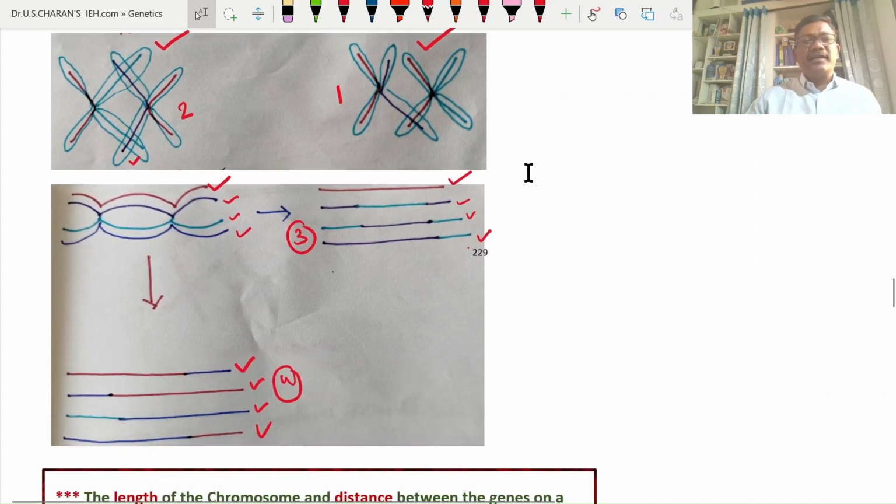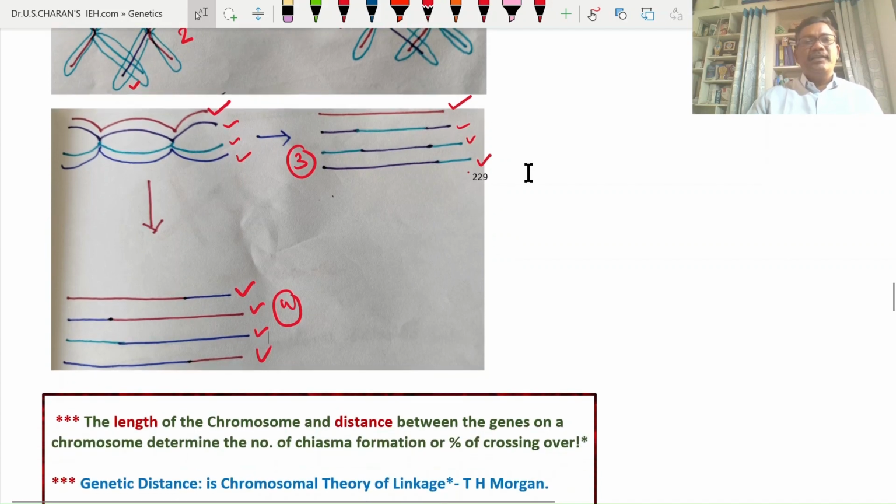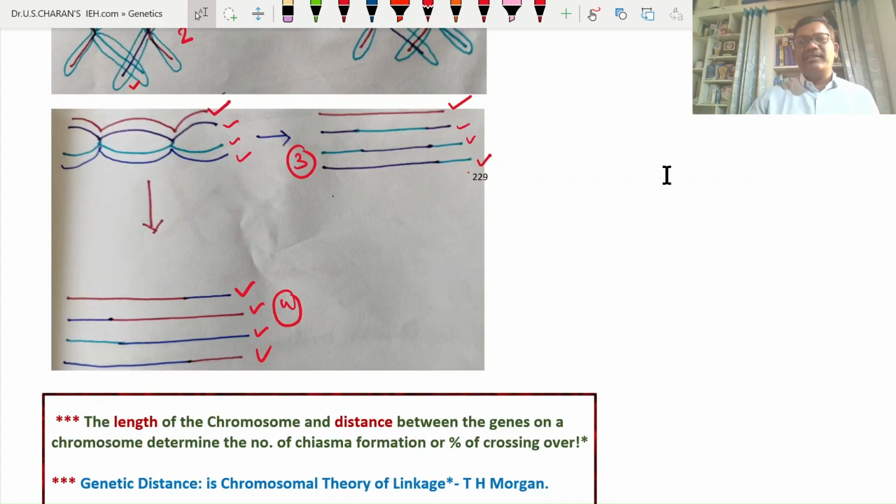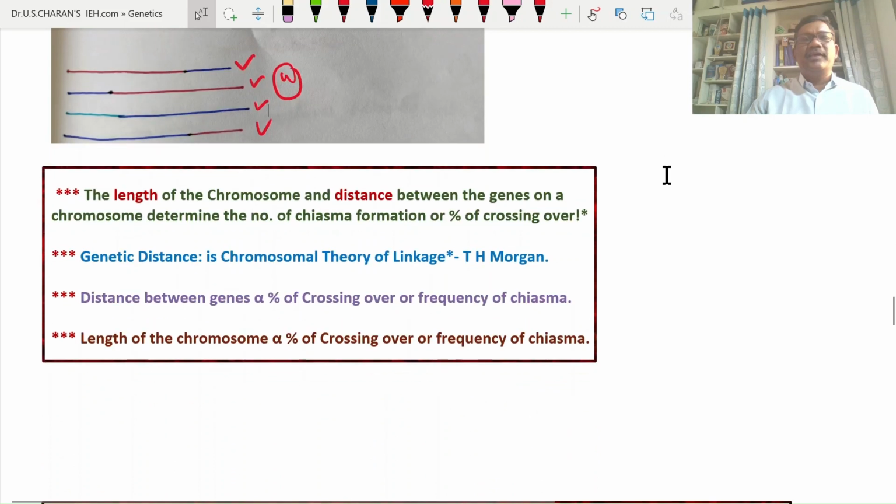Means we have discussed kinds of crossing over: single crossing over or double crossing over, and in the double crossing over, different types. What are the causes for these different types of crossing over or chiasma formation?